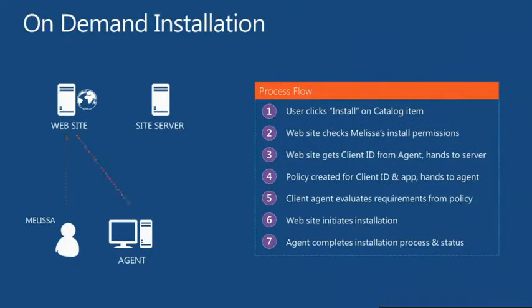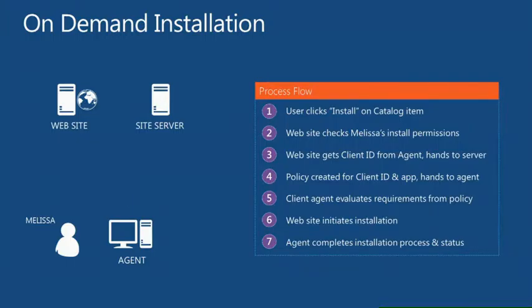This is just a logic flow that shows how on-demand installation happens from the software portal or application catalog. So end user Melissa is trying to go to our website and get an application. The website then will check Melissa's permissions, get the client ID from the agent, and then hand it to the site server. Once the site server understands the context, it will provide a policy for that client ID.